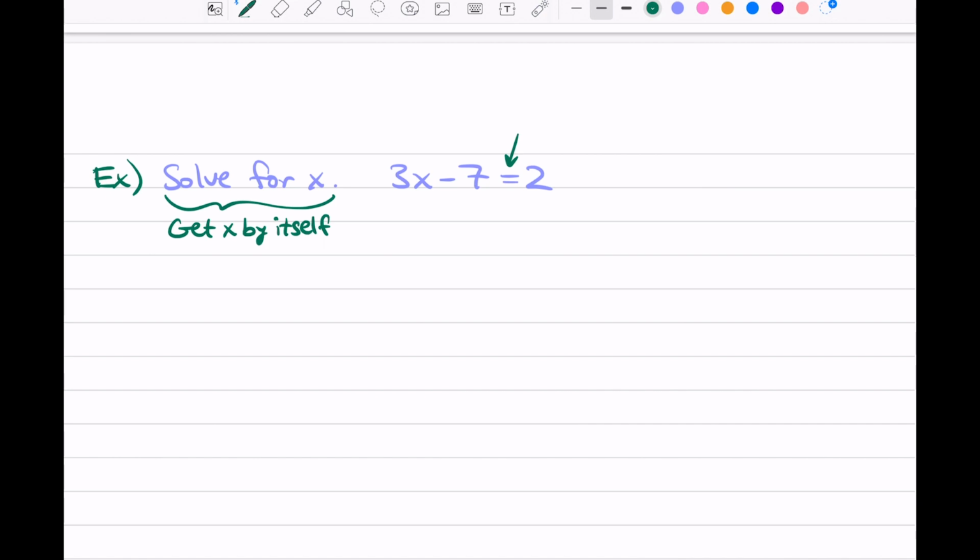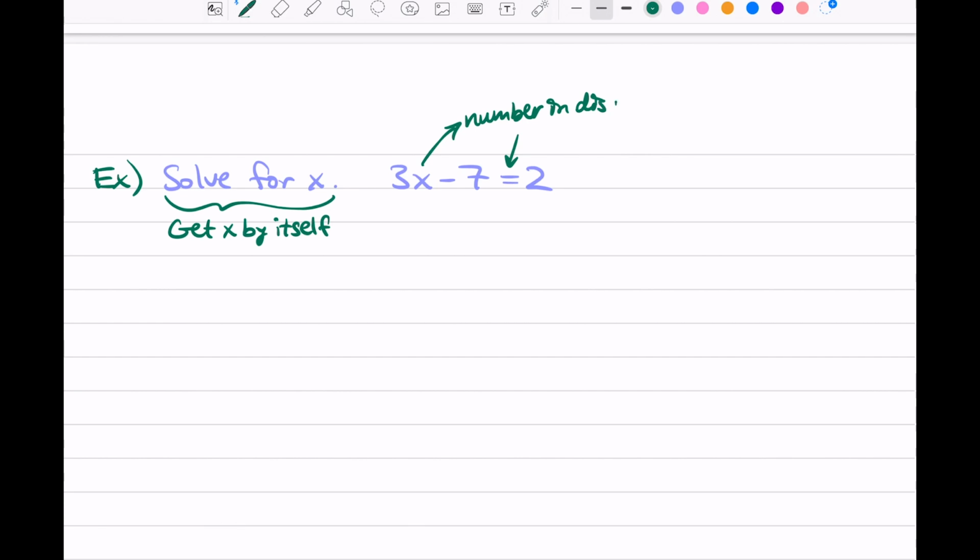What is x? X is a variable. And a variable is just a number in disguise. Okay, let's just take a look at this. We're not going to worry about the whole problem. We're just going to take a look at this 3x minus 7.